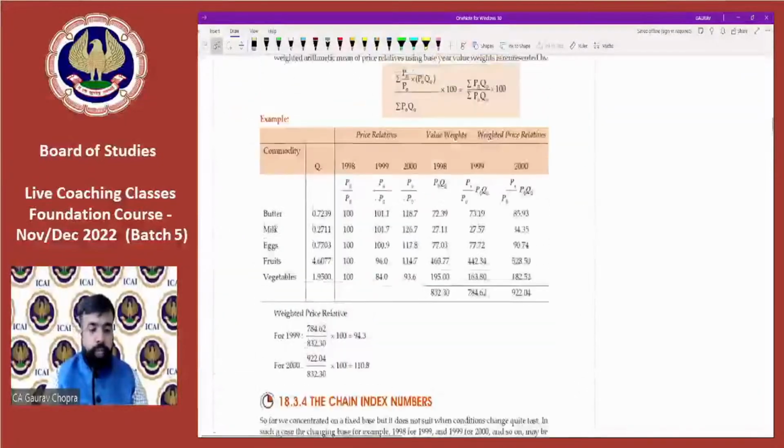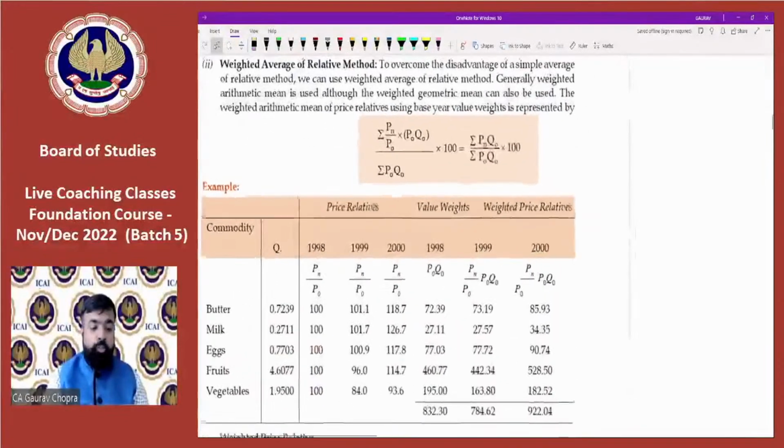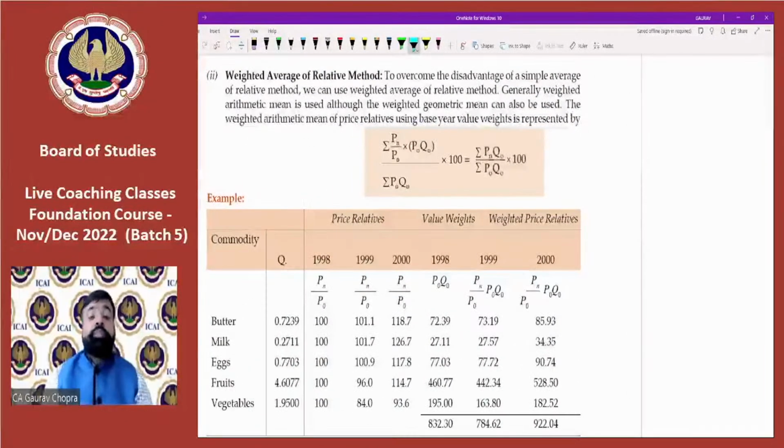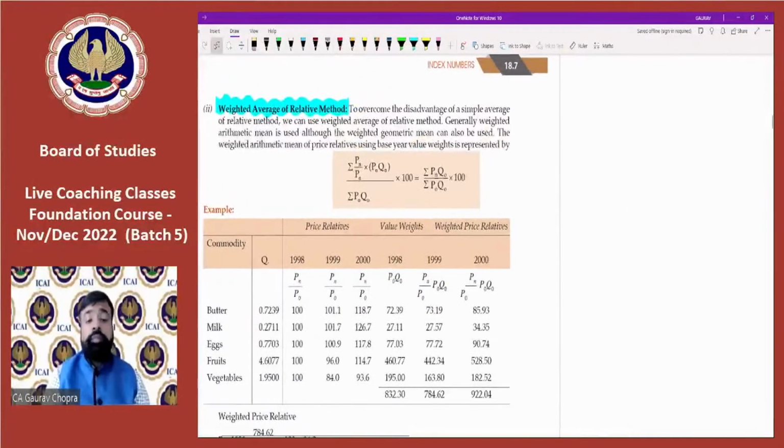So now comes the next one, that is the weighted average of relative method. This is the fourth one. So in this method, what do we have to do? In the simple relative method, we have written two steps.